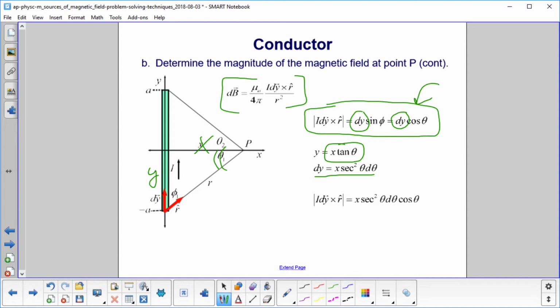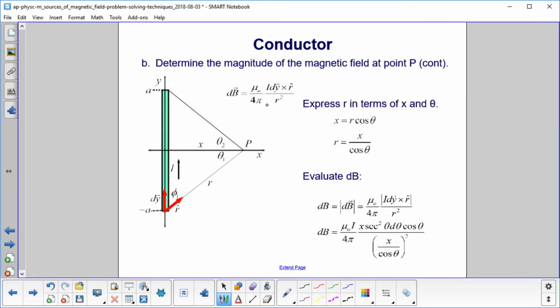That's the distance from the wire to P along the x-axis, so that comes out, and the differential of tan theta is secant squared theta d theta. So we replace the cross product with this expression. That's different from what we did in the presentation, but of course it's equally valid.